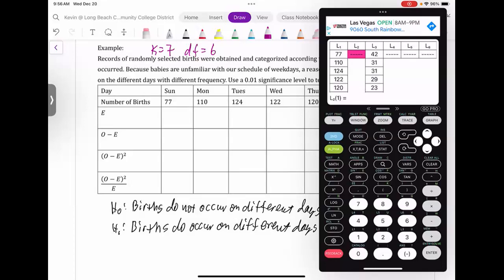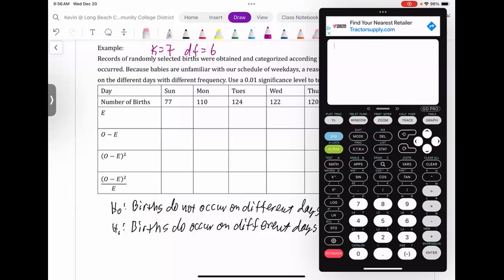And instead of typing in 110.42 and so on, I'm going to hit alpha A and just hit enter. Alpha A, enter, and so on. And what that's going to do is minimize the round off error as I fill in my expected category. So my observed is in list 1, my expected is in list 2.